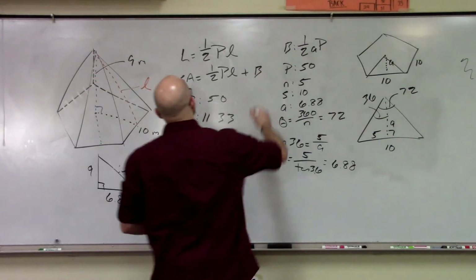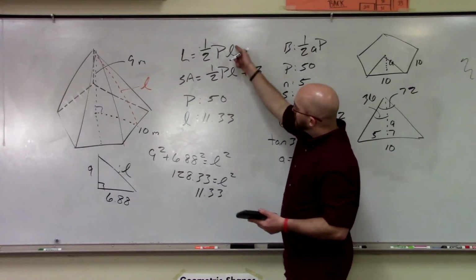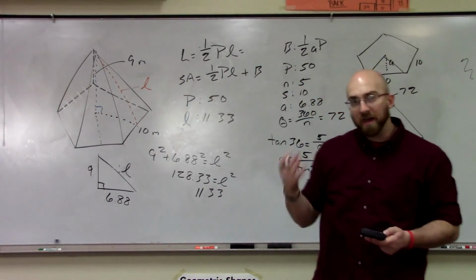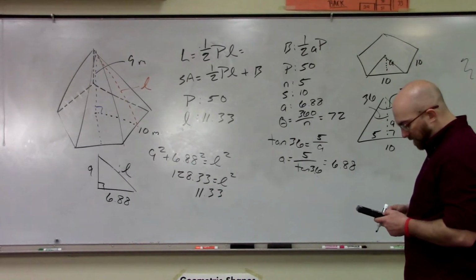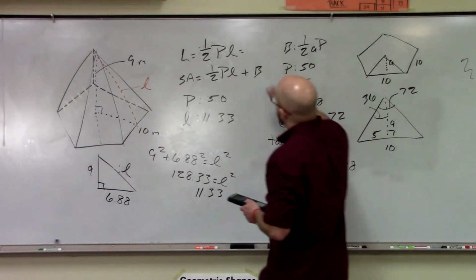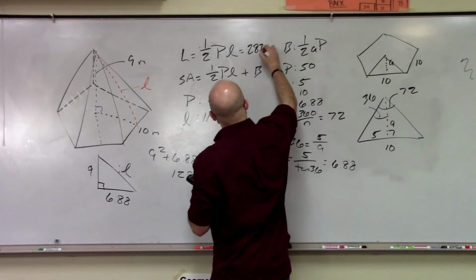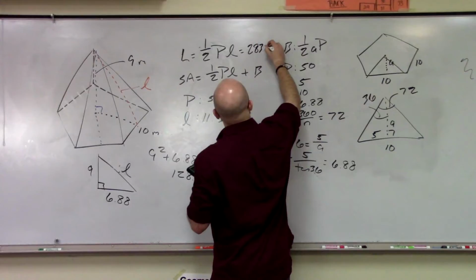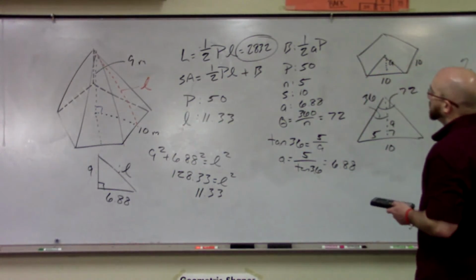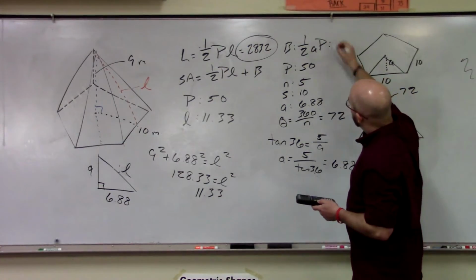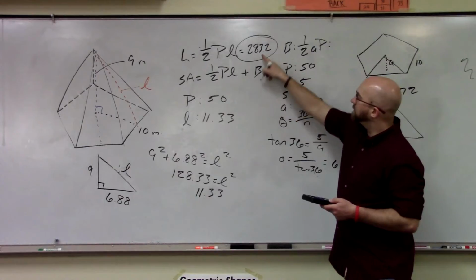Because now we just need to plug this times this, and then take half of it to get our lateral area. So, 11.33 times 50, divided by 2. 283.2, that's our lateral area. All right. Let's go ahead and find this number, because we're going to add this to that.